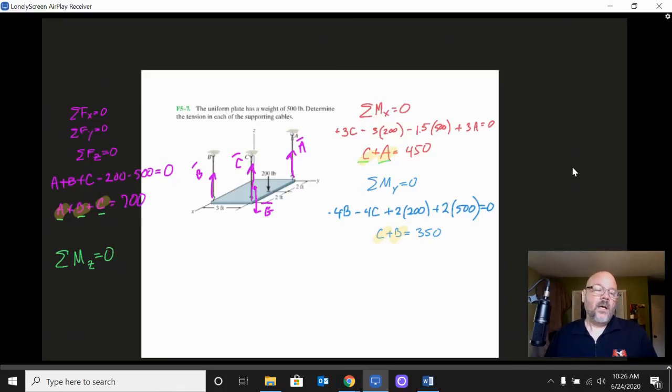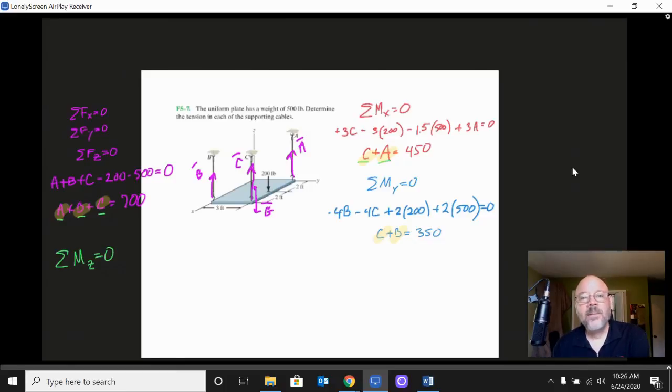Okay, so this is not an 8th grade algebra class. This is not Math 1710 or 1720 where you have to prove your algebraic competency. You should be able to solve those by hand. But nobody does that.